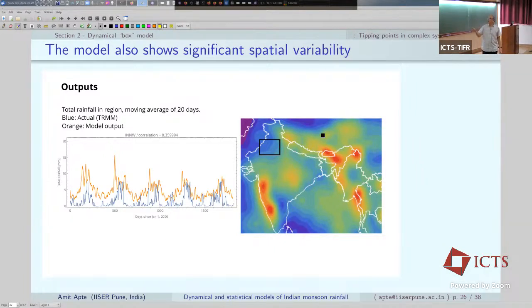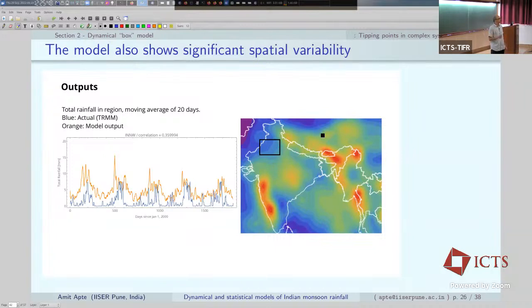Oh, that's the data set. Okay, and I guess I didn't explain that very well. This is the variation within that box of the rainfall. If you average over this, what you get is the time series that's shown here. Okay. So the blue is the data set, and the orange is the model output.